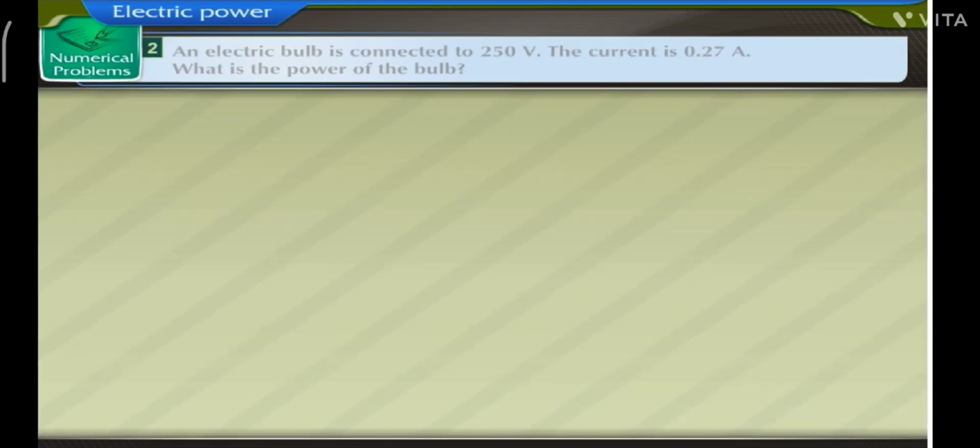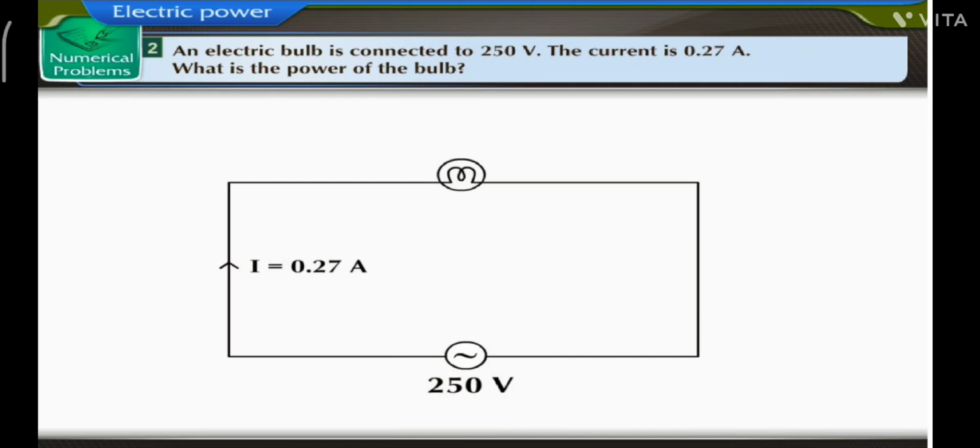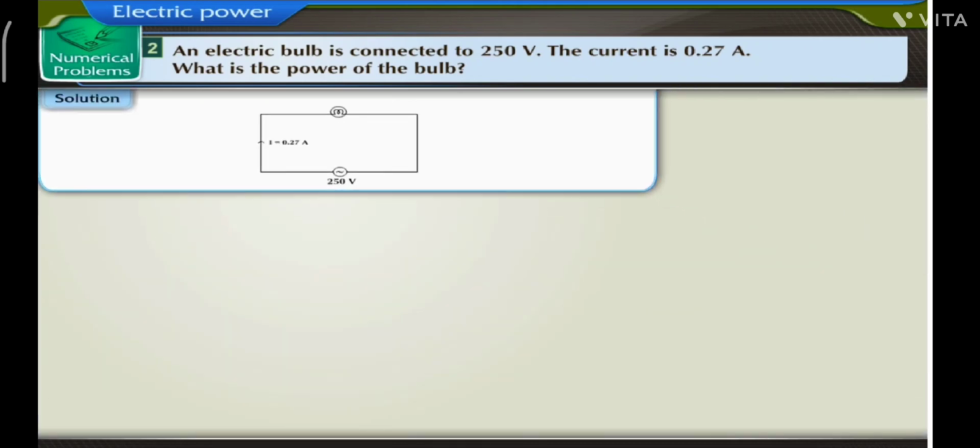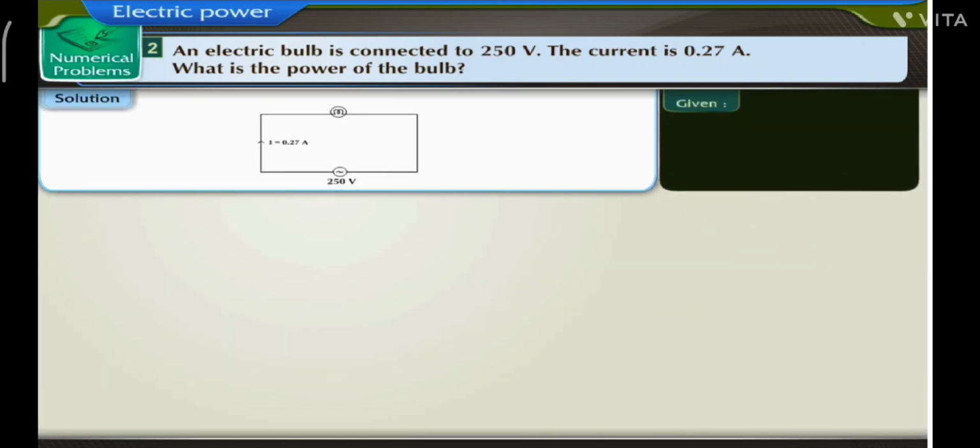2. An electric bulb is connected to 250 volt. The current is 0.27 ampere. What is the power of the bulb? Solution. Let us first write the given data. Given voltage V is equal to 250 volt and current I is equal to 0.27 ampere.